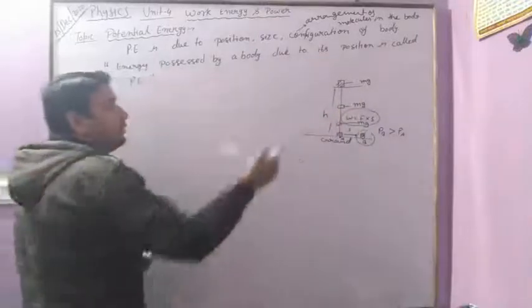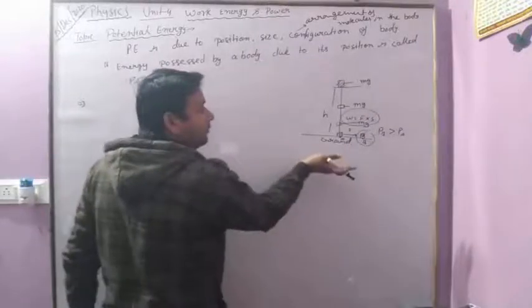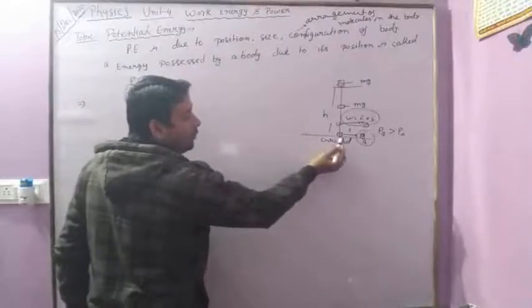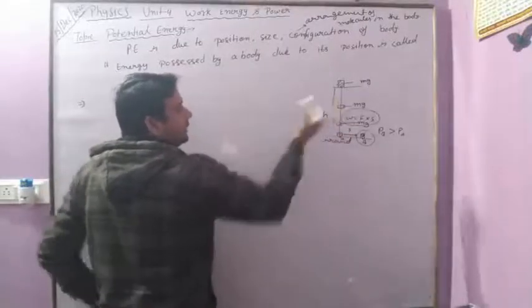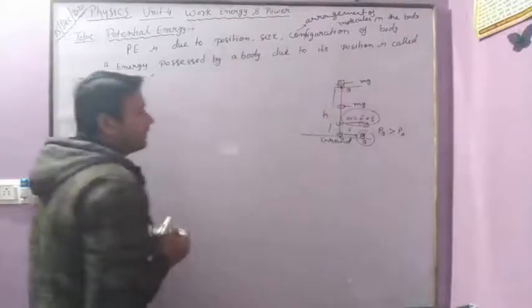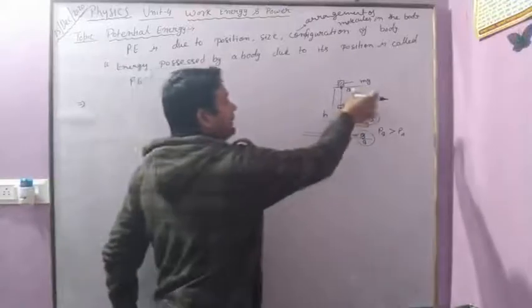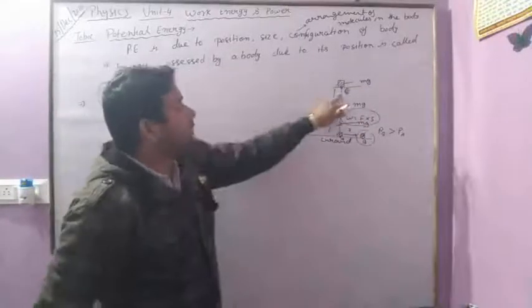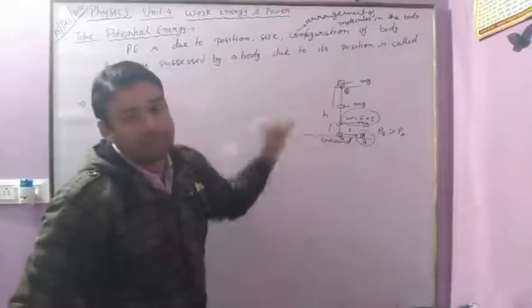So this work done to place the body from location A to a certain height, let's say at C, is called gravitational potential energy.